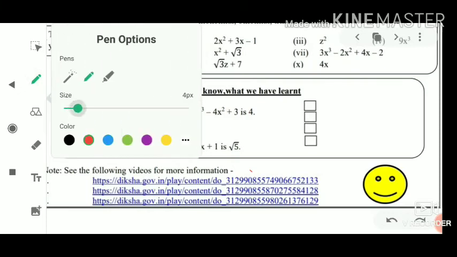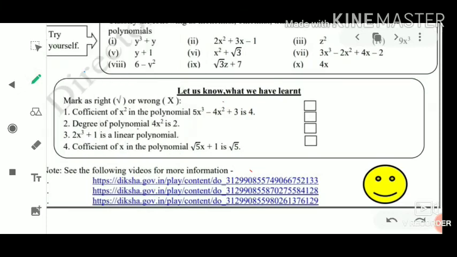Let me change the color and make it bold. So minus 4x square has a coefficient of 4. Yes, it is 4, but it is minus 4, so this is wrong.